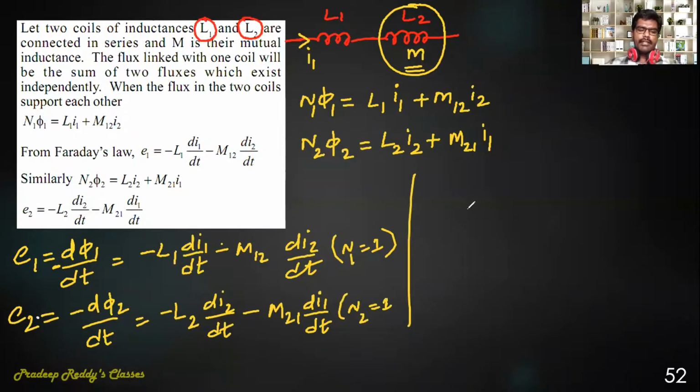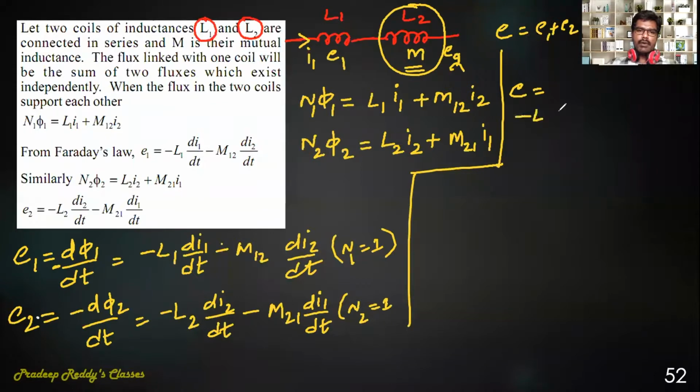What is the net EMF over there? Net EMF will be the sum of the EMF dropped over here, E1, and E2. So I can write total EMF E equal to the sum of E1 and E2. Substituting E1 and E2, that is minus L1 di1 by dt minus M12 di2 by dt minus L2 di2 by dt minus M21 di1 by dt.